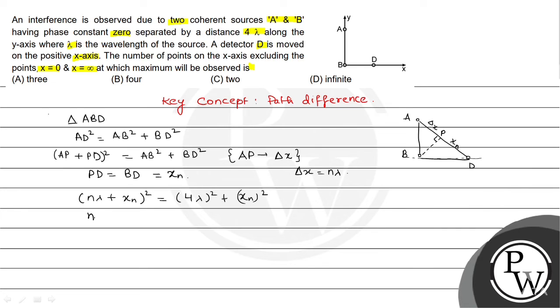Okay, so on solving, lambda square n square plus xn square plus 2n lambda xn is equal to 16 lambda square plus xn square. xn square will go off and we are left with xn equal to (16 lambda square minus n square lambda square) upon 2n lambda.